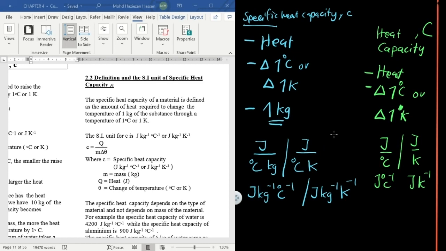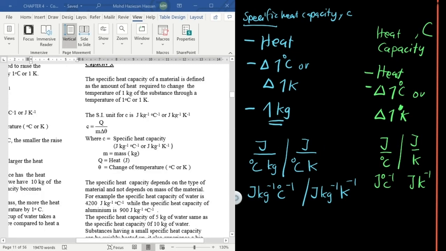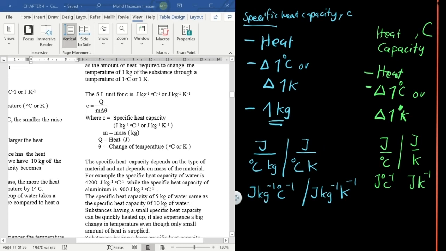The specific heat capacity depends on the type of material, just like I said before, and does not depend on the mass of the material, because the mass is already fixed at 1 kilogram.